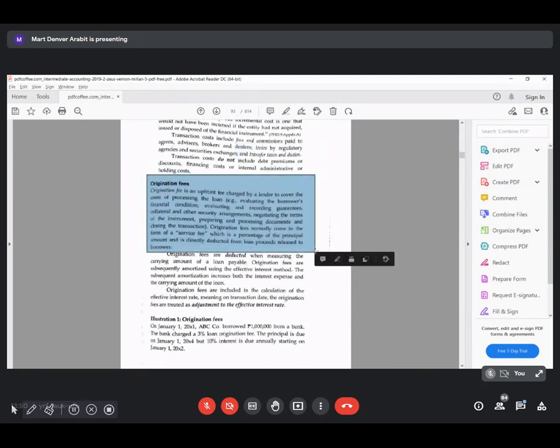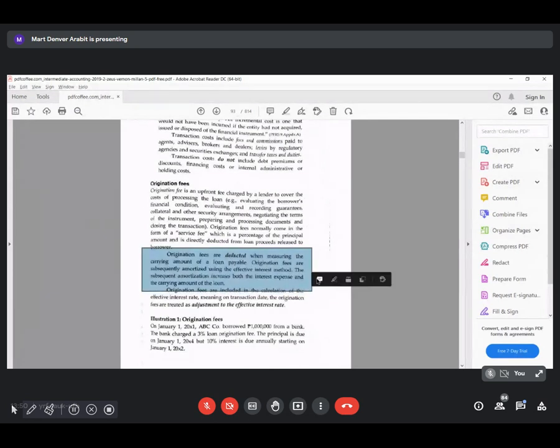Just to wrap it up, origination fees are everything that would be expensed in the course of obtaining the loan. So these origination fees are deducted when measuring the carrying amount of a loan payable. Origination fees are subsequently amortized using the effective interest method.